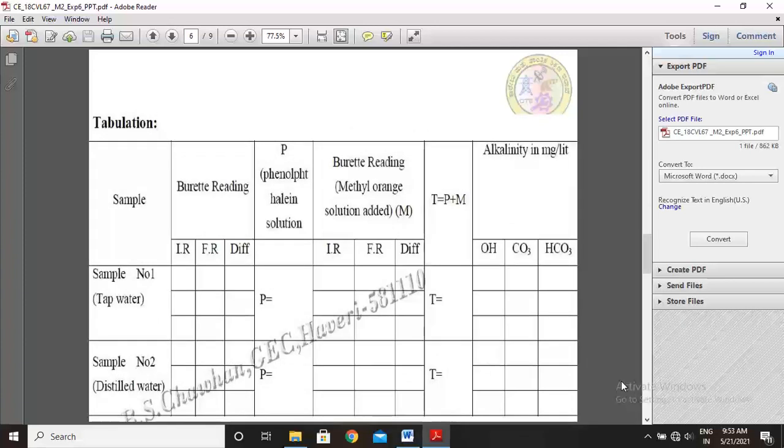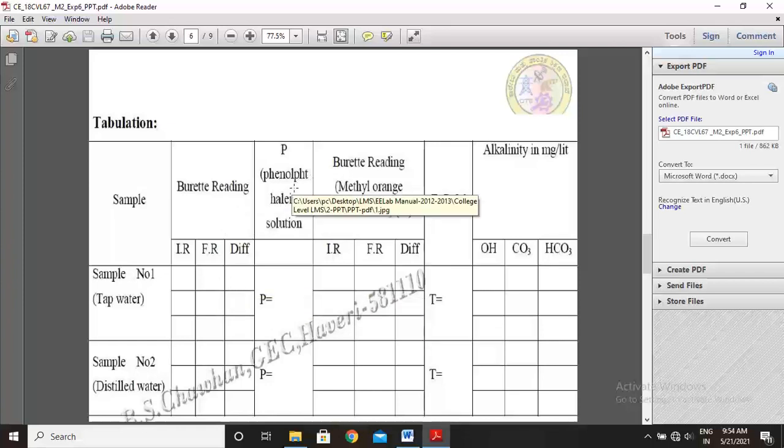Next, tabulations. Follow these tables for entering the readings. Column 1 is samples, column 2 refers to burette readings, that is initial reading, final reading and difference.